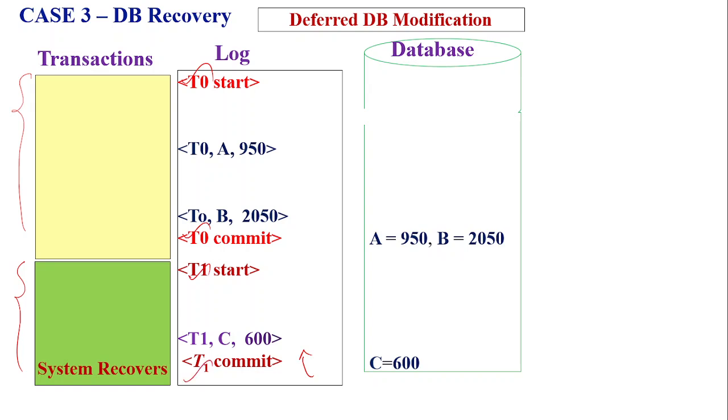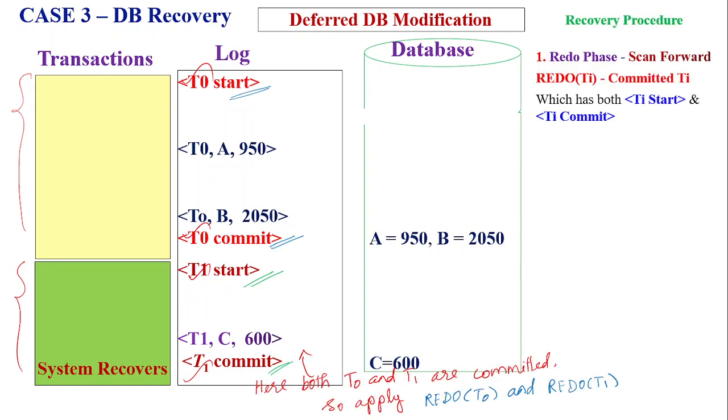So when both are committed transactions, it applies the redo procedure on both T0 as well as T1. When the redo operation is applied, it is applied in the forward direction. First the redo operation is applied on T0 and then redo is applied on T1.